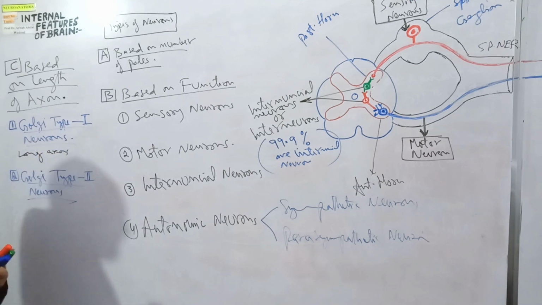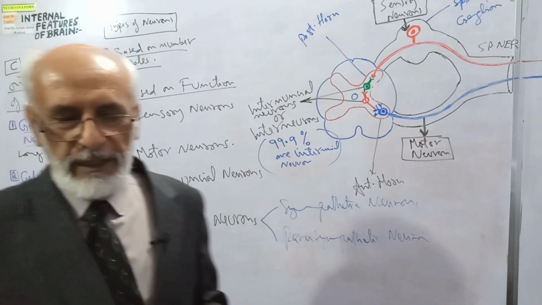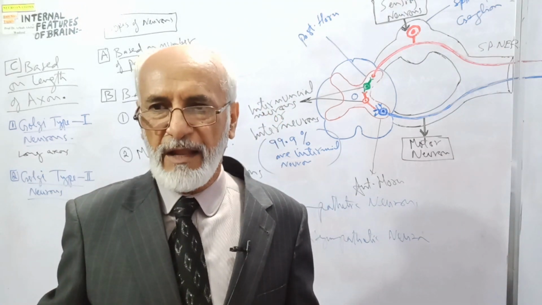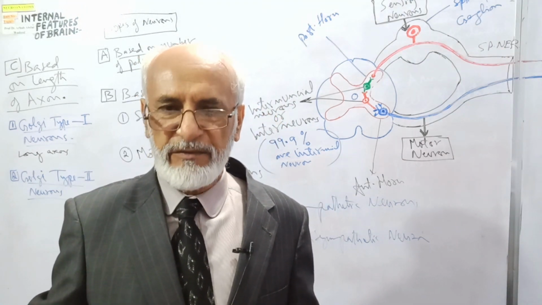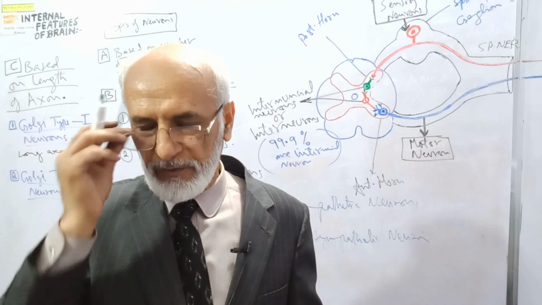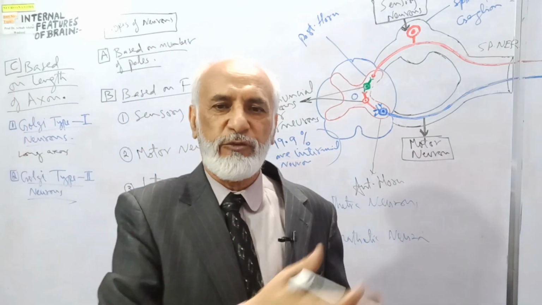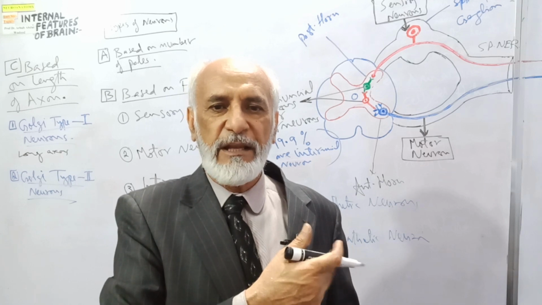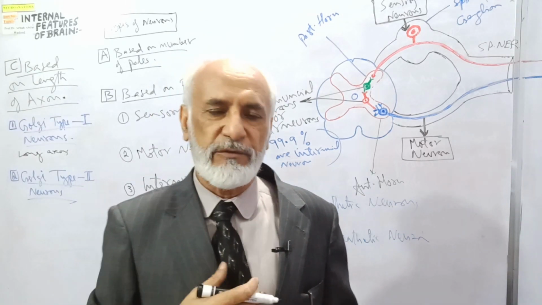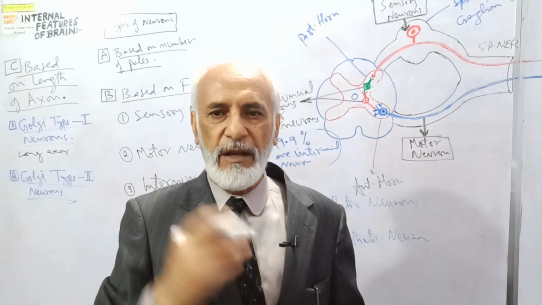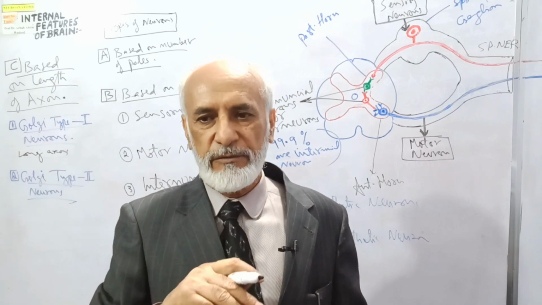I told you that in the cerebral cortex there are dendrites, nerve cell bodies and initial parts of the axons. From the gray matter, these neurons pass through the white matter and then leave the white matter in the form of peripheral nerves like sciatic nerve, radial nerve, ulnar nerve, cranial nerves.